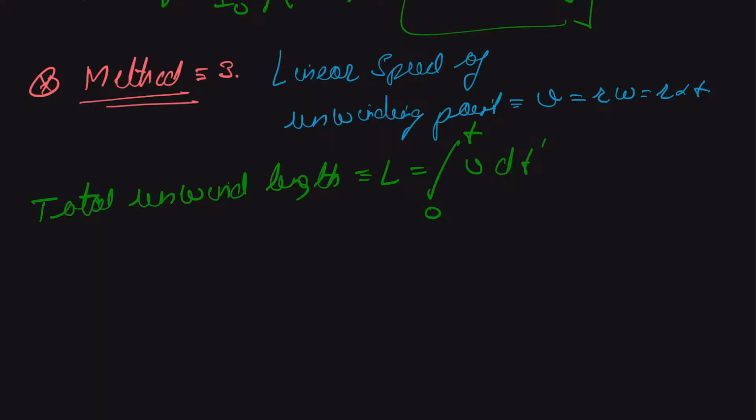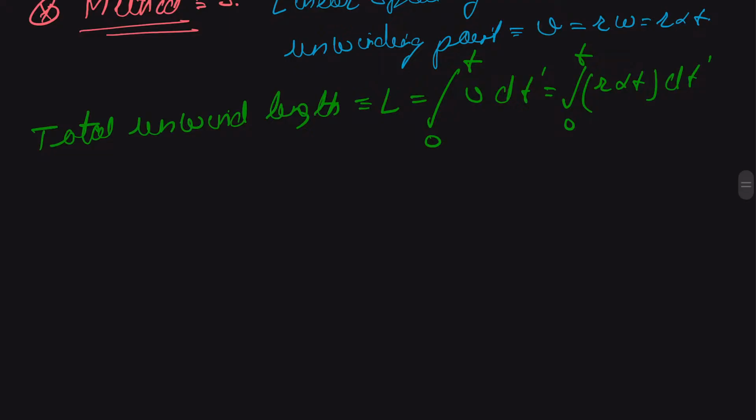Substituting v, we have the integral from 0 to t of r alpha t prime dt prime. It is the simplest integration, so we get L equal to 1 by 2 r alpha t square, and t is nothing but omega naught upon alpha.